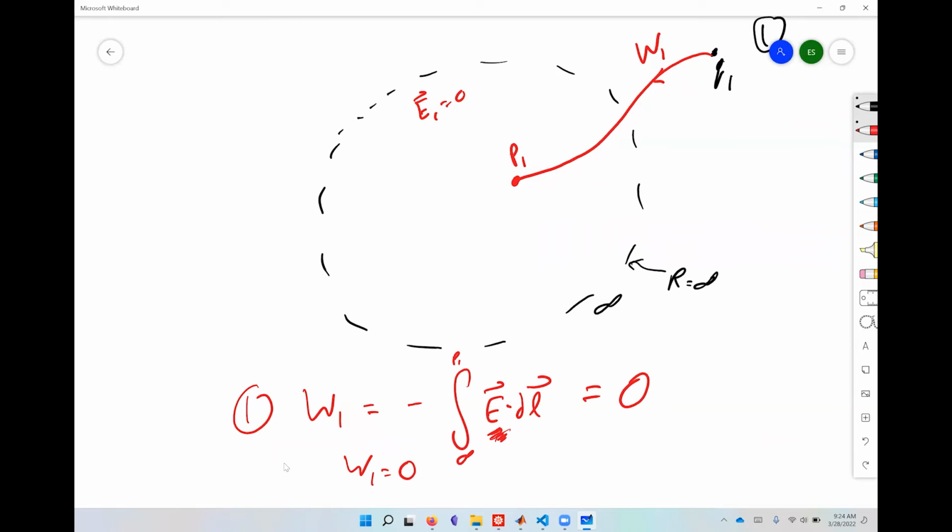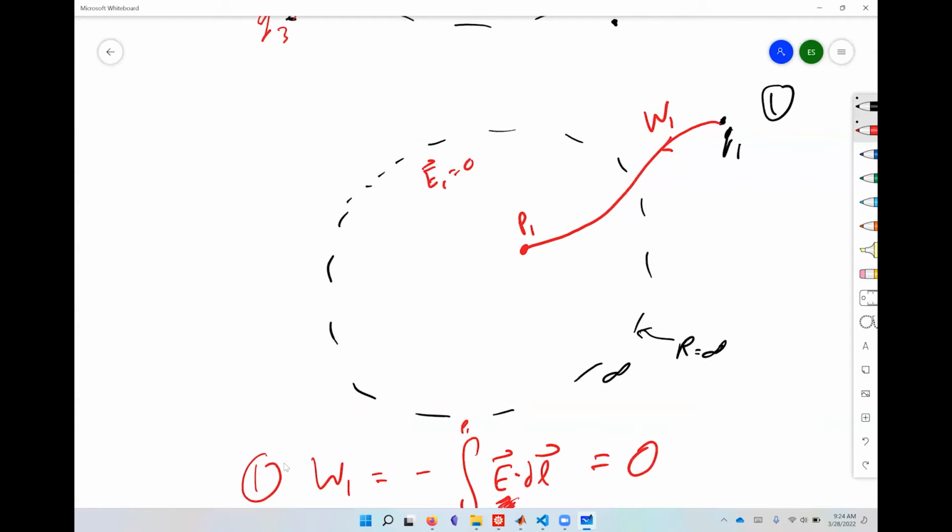Okay. What about now 2? I have a second charge I want to bring in, Q2. Now I want to bring this charge in to point P2, from infinity to point P2. What is W2?